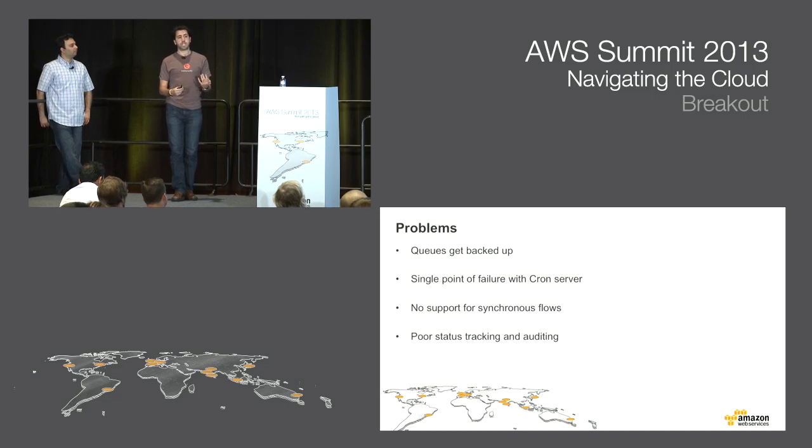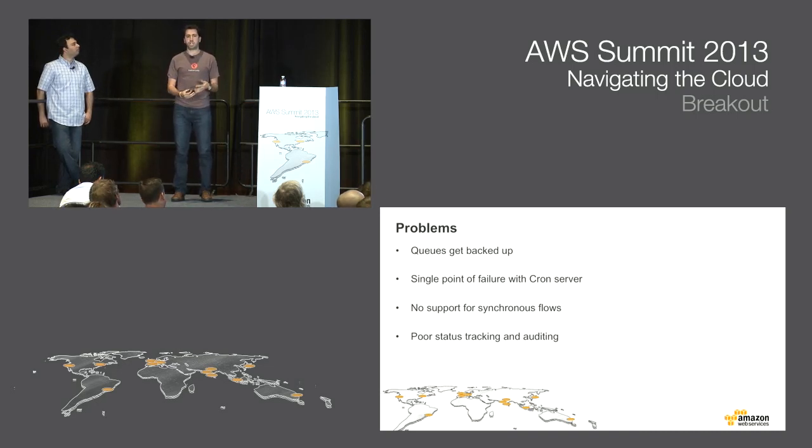There's also no support for synchronous flows. There's stuff that we would like to implement where certain jobs follow in a certain order. And it's kind of hard to do, especially when everything's running in parallel. And lastly, there's poor tracking and auditing for generating reports to help our users self-diagnose issues, which leads to more support headaches for us.